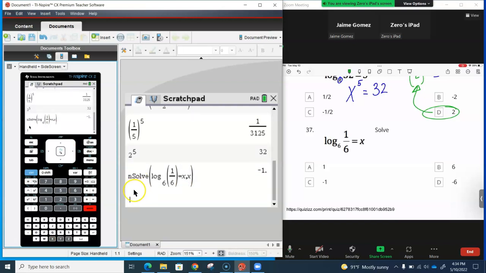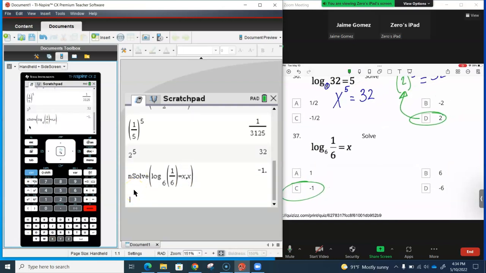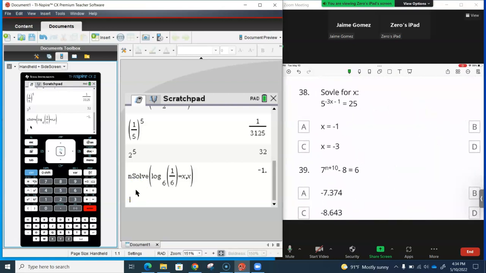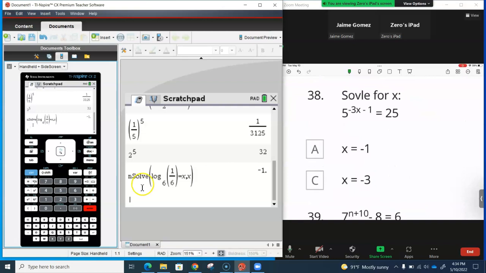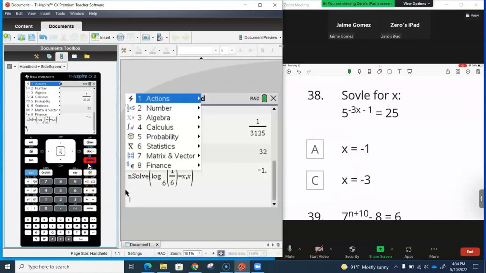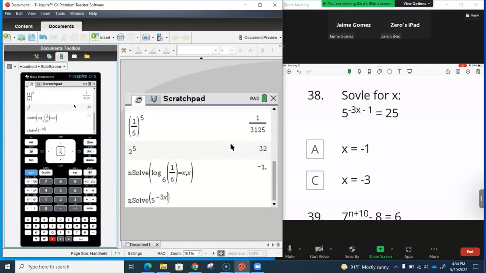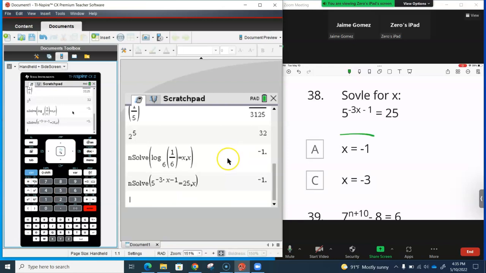So -1. 38. Put that in the calculator. Menu 3, 1. 5. Put on top -3x minus 1. Get back down. Equals 25, comma x. -1.